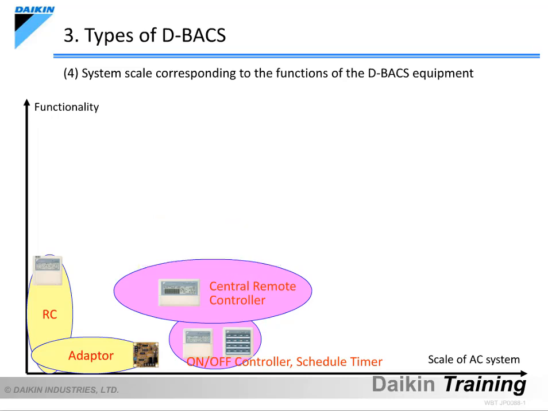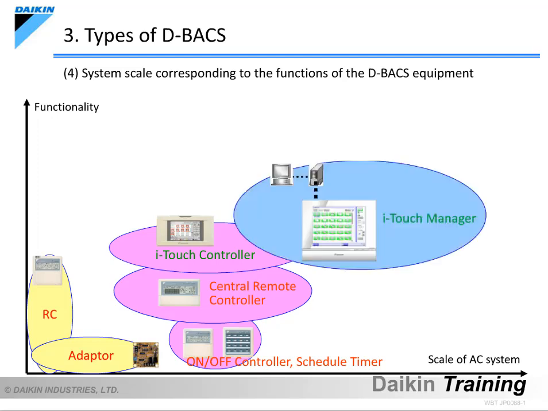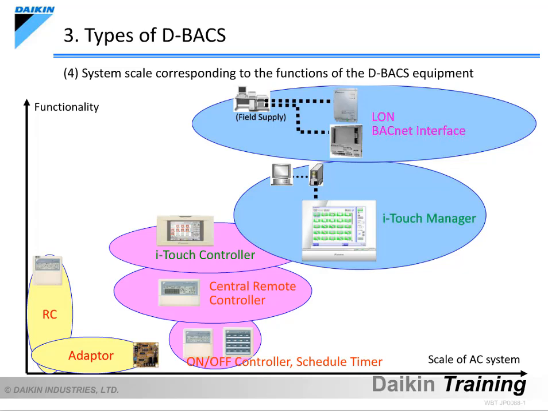In terms of functionality, the iTouch controller is the highest. The iTouch Manager is suitable for the management of a large-scale air conditioning system. Meanwhile, a BMS is used to achieve detailed and precise control of all the building equipment, including the air conditioning system. And BACnet or LonWorks is usually used as an interface between the BMS and the air conditioning units.